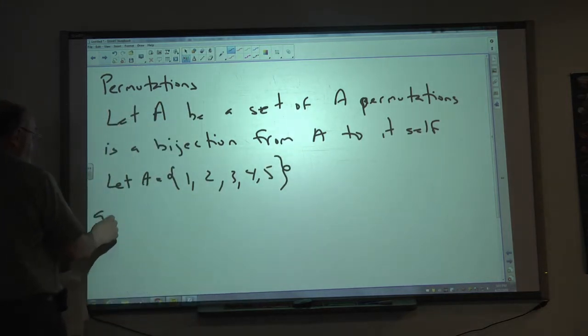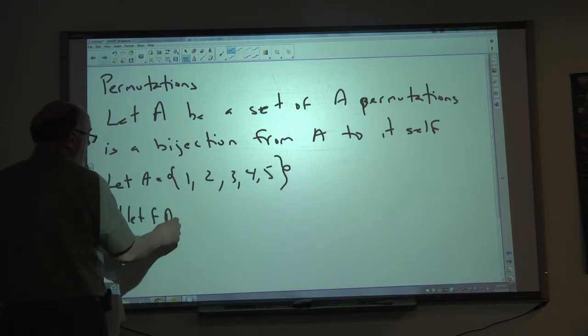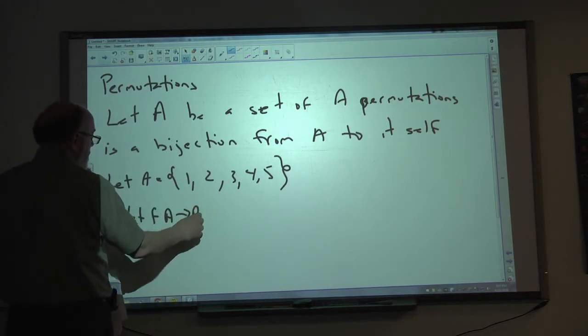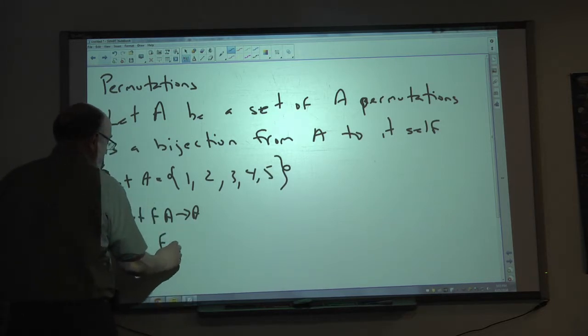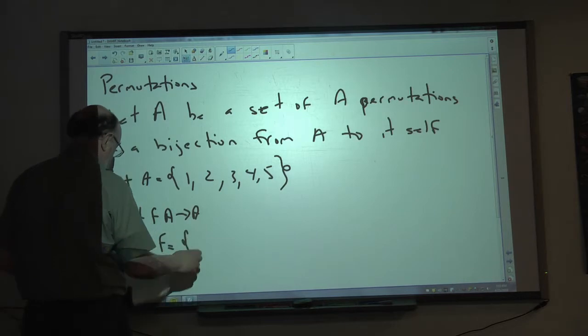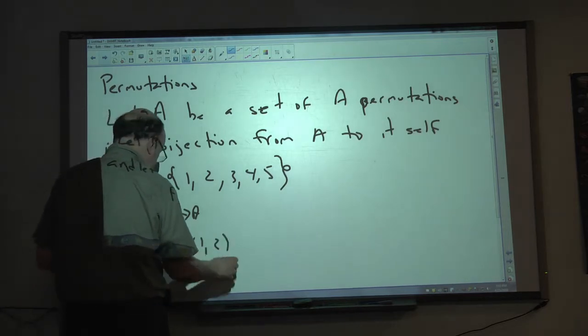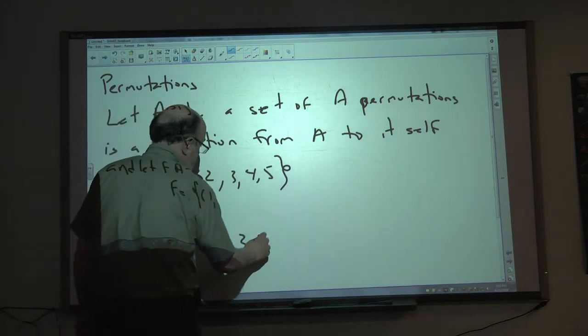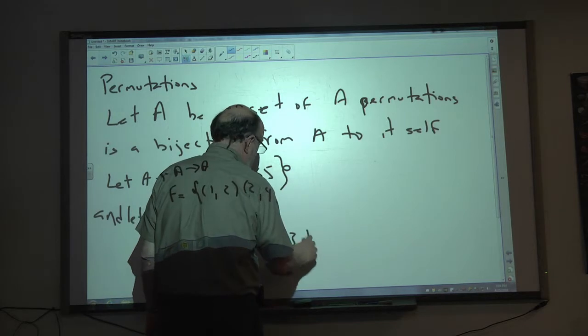And let F map A to A. And so F is going to be the set 4, 3, 1.